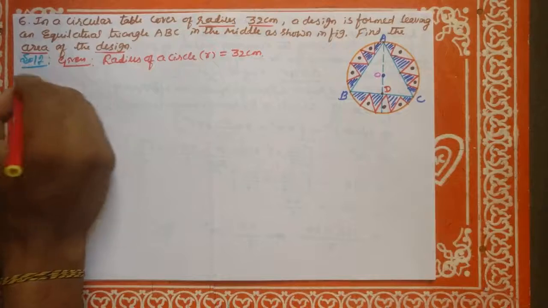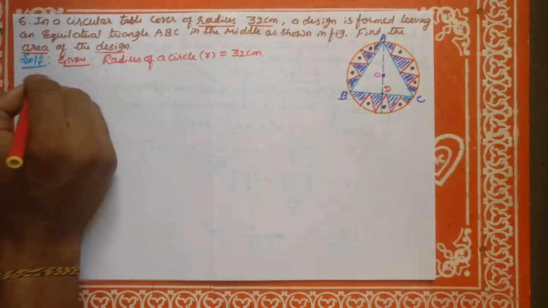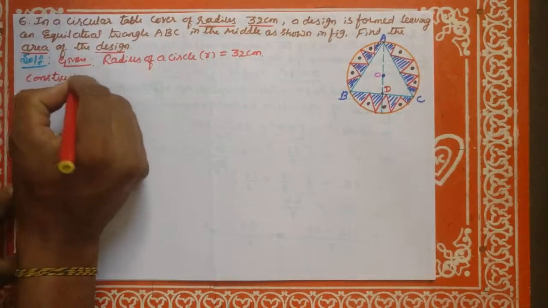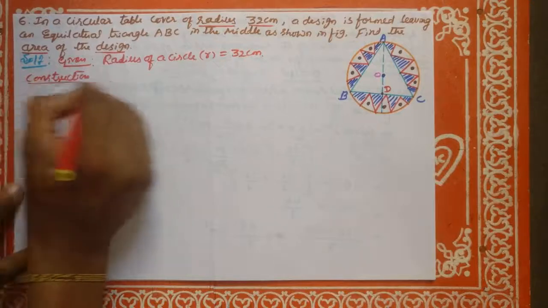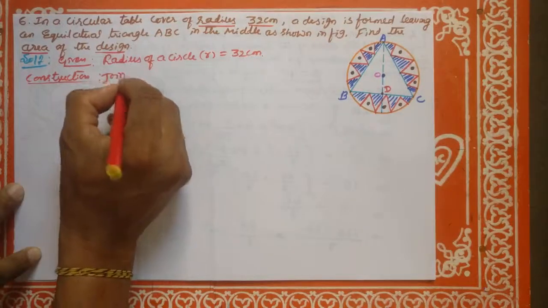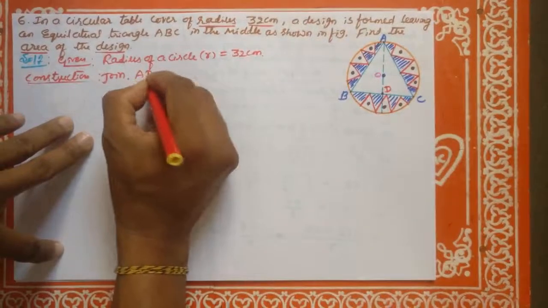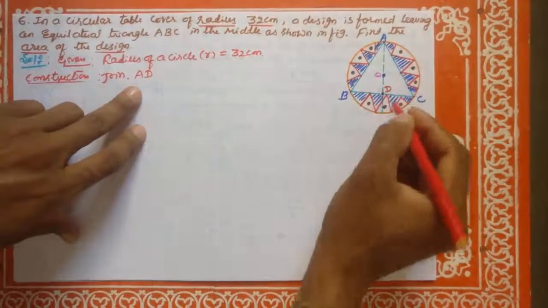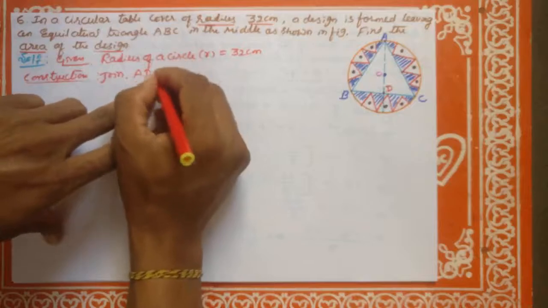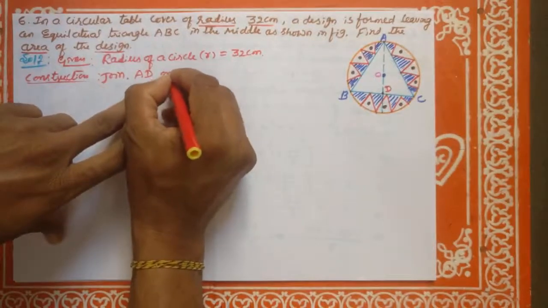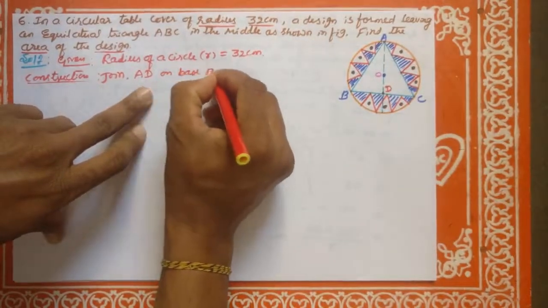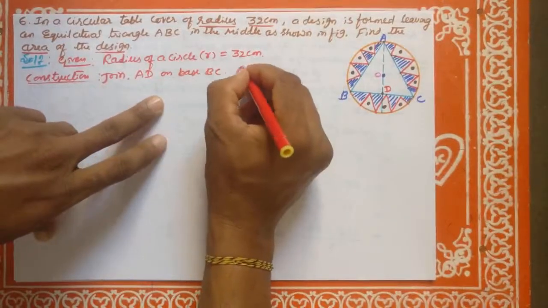I'll use. Okay. Next, construction. Join AD on base BC.